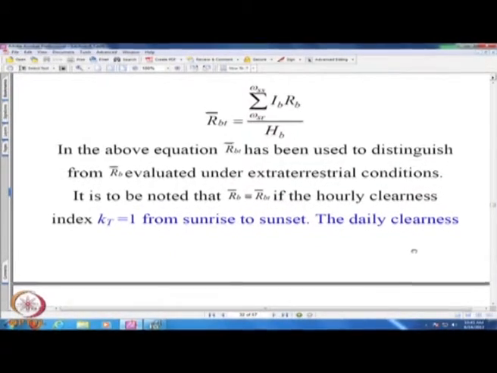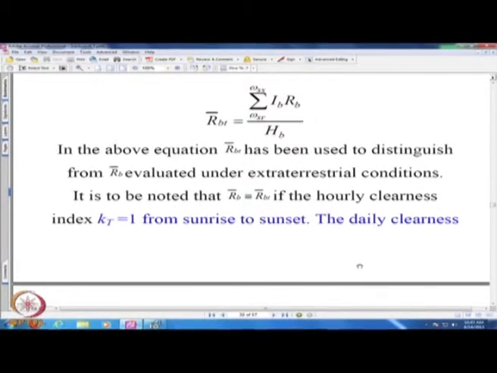Now, this value of R b bar evaluated under extraterrestrial conditions shall be identically equal to the value under terrestrial conditions if the clearness index is equal to unity throughout the day. If k t is equal to 1 for all the hours, or if capital K T is equal to 1, it ensures that small k t is equal to 1 for all the hours.